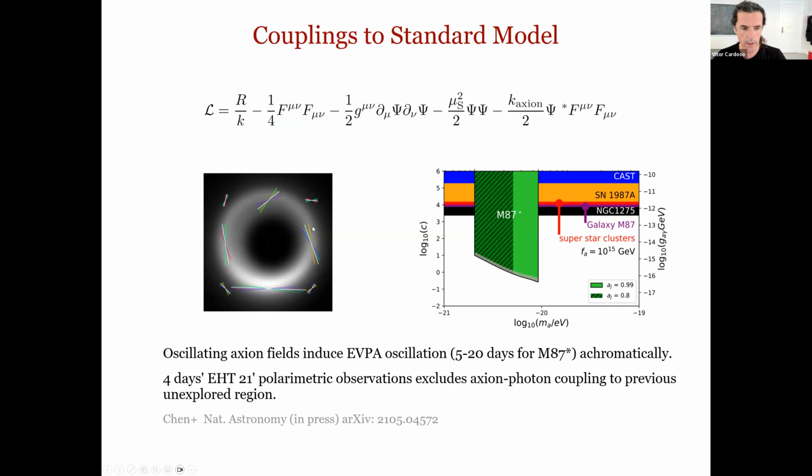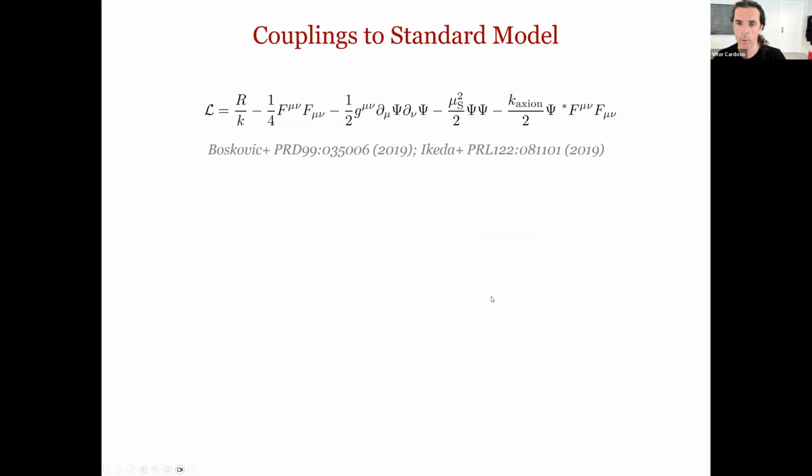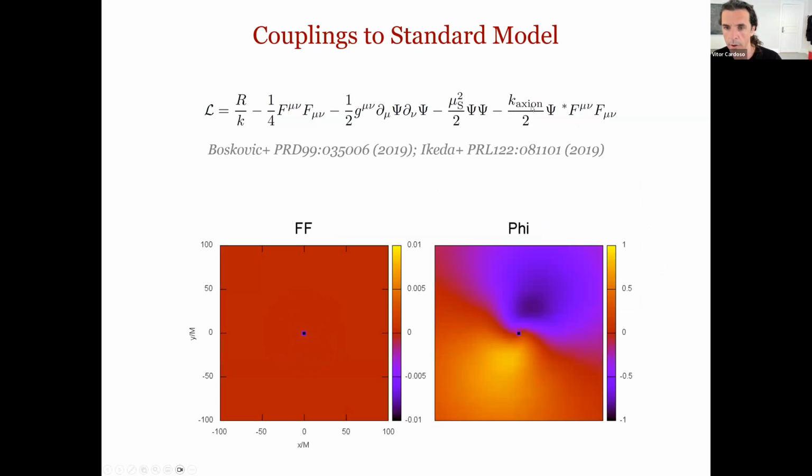And this was used by Ifan and other people to set constraints on the amount of axion that you have around the black hole. But it's also going to do a different thing. So when you start talking to the standard model, instead of channeling the rotational energy to the black hole, you could instead give it a burst of photons. And this is what we saw a few years ago, right? You start growing the cloud.